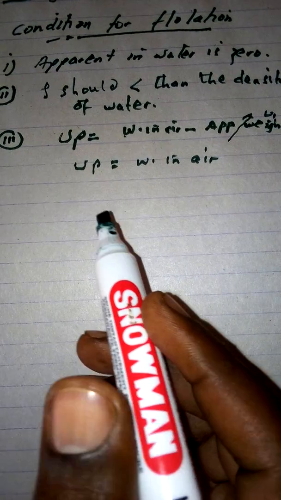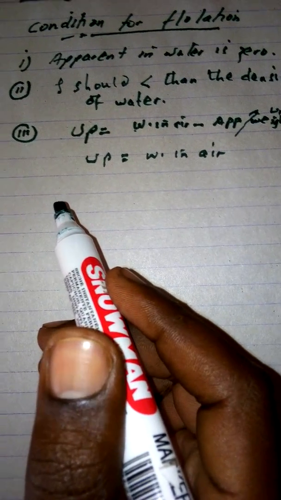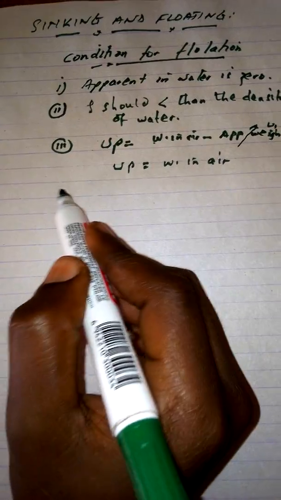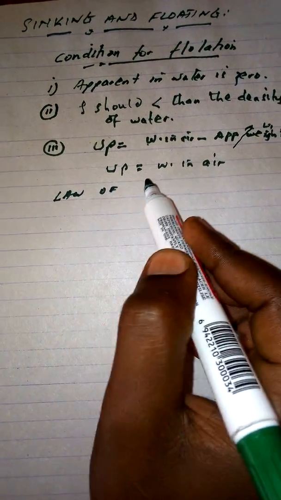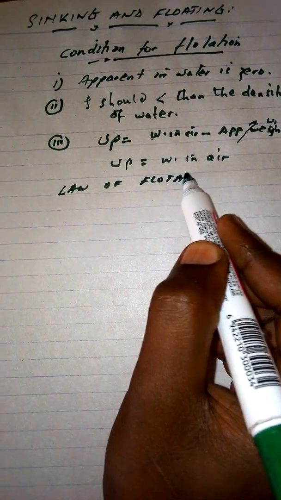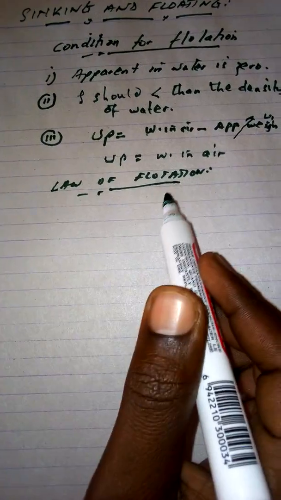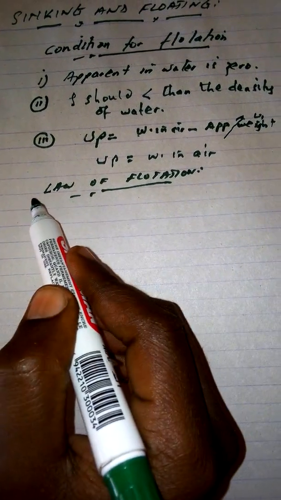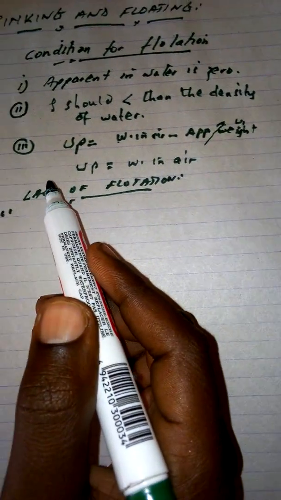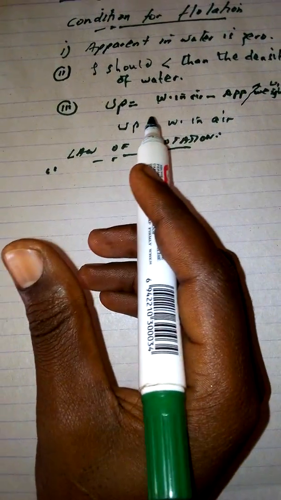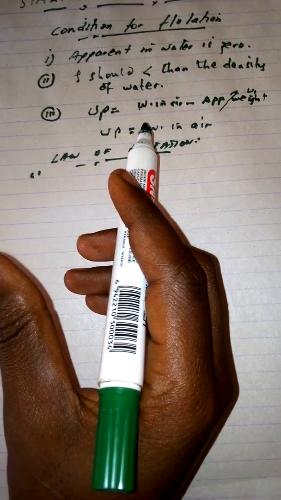Okay. So after looking at the concept of sinking and floating, let us now see the principle of flotation, or the law of flotation. The law of flotation states that any object which is floating displaces its own mass or weight of the fluid in which it floats.